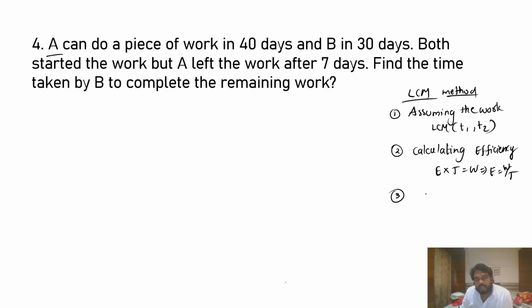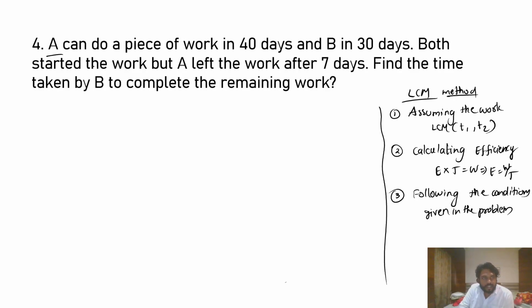And then third, we are following the conditions given in the problem. Whatever conditions are given, we are following. This is what we are doing. Okay. So now look here, guys. A can complete a work in 40 days, B in 30 days.